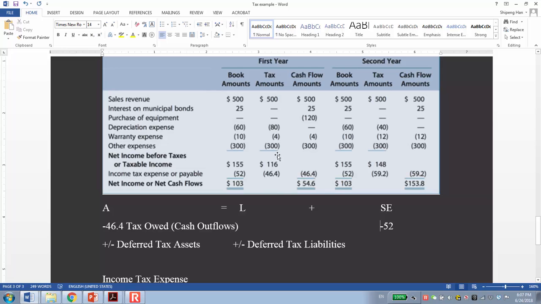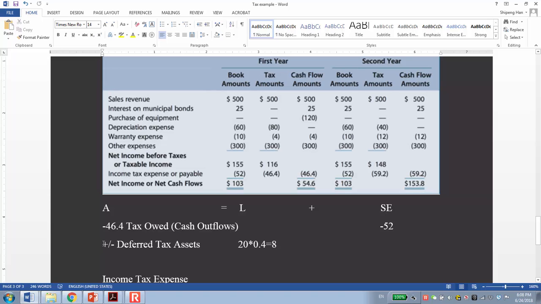As I said, the $20 depreciation difference will result in deferred tax liability. So deferred tax liability will increase. But don't forget, now you should multiply the 20 by the effective tax rate 0.4, resulting in $8 deferred tax liability. And for the warranty expense, the $6 difference is considered deferred tax assets.